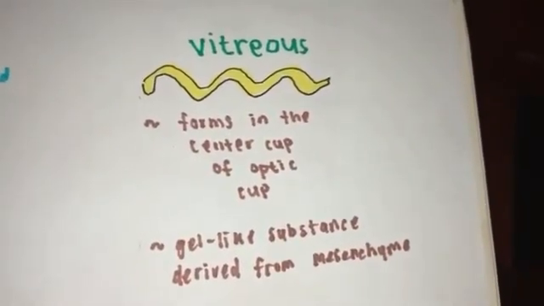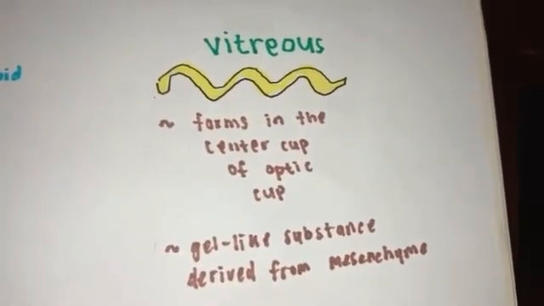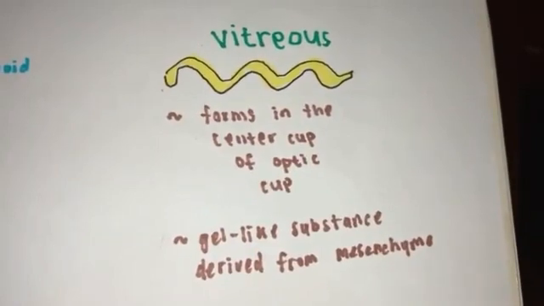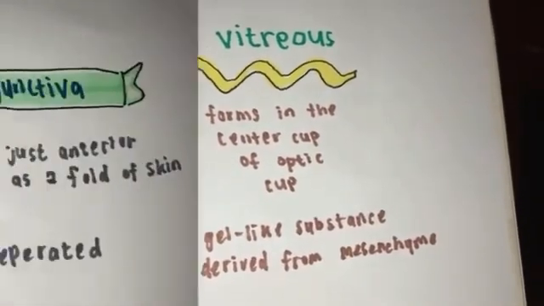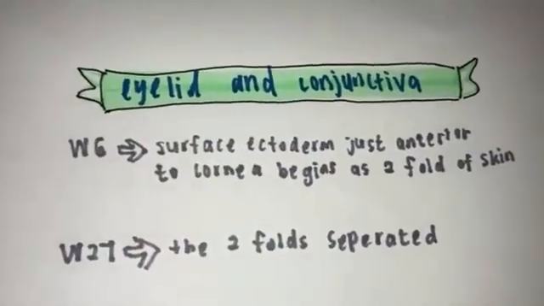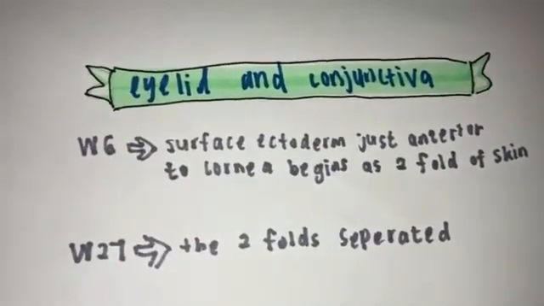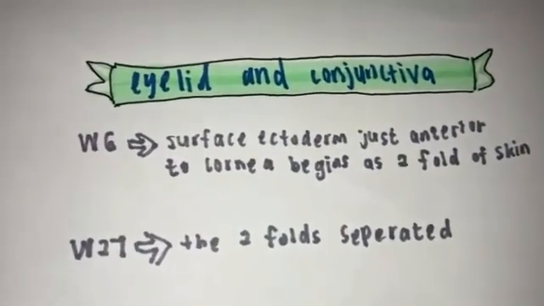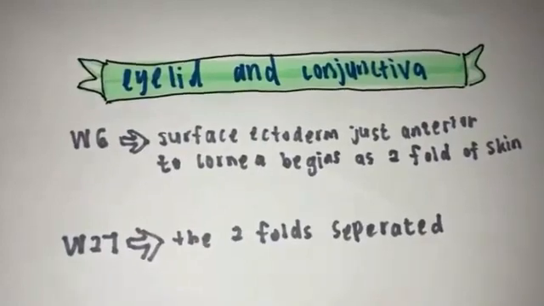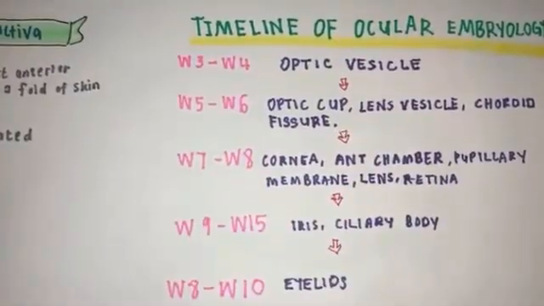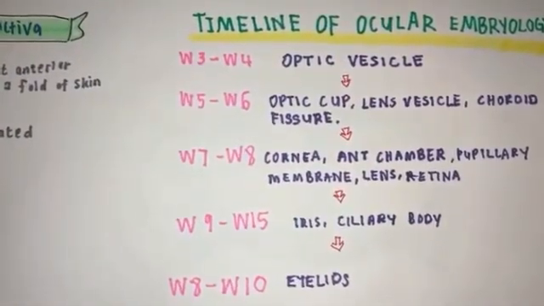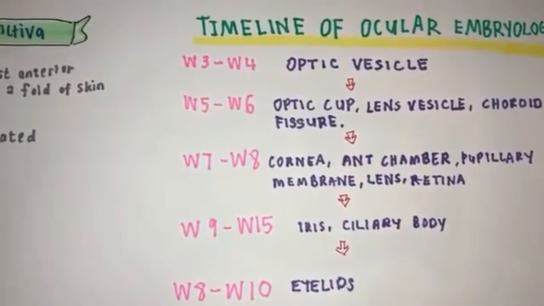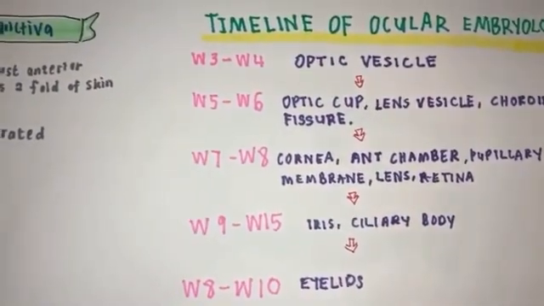Okay, next is development of the vitreous. Lastly is the formation of the eyelid and conjunctiva. Okay, this one is very important, which is the timeline of ocular embryology.